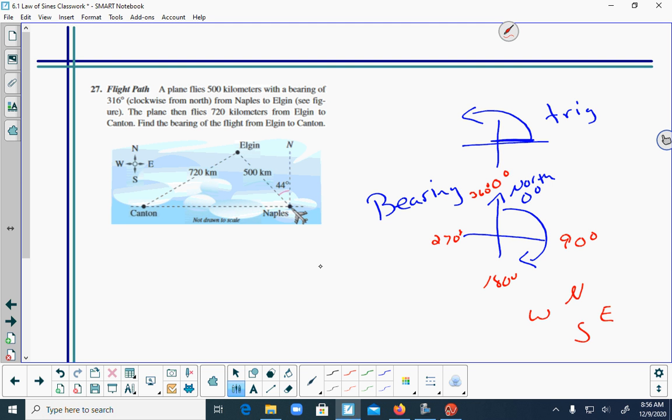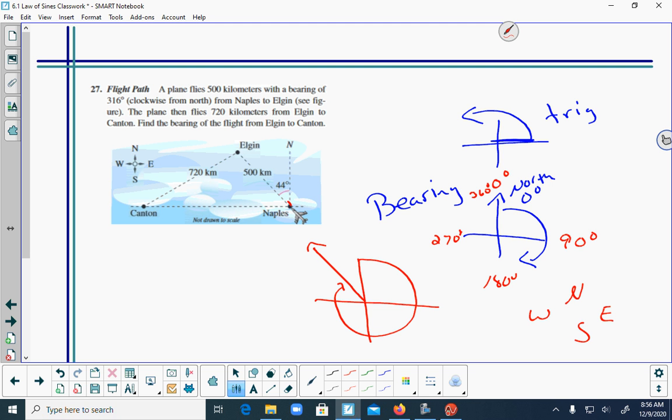So when I have this problem, they tell me a plane flies 500 kilometers with a bearing of 316 degrees. So they're saying the bearing from here goes around 316 degrees and the plane is flying this way.